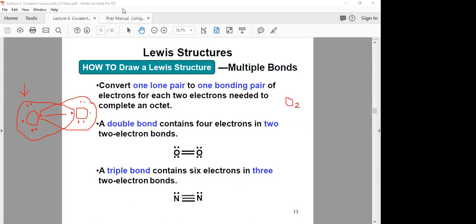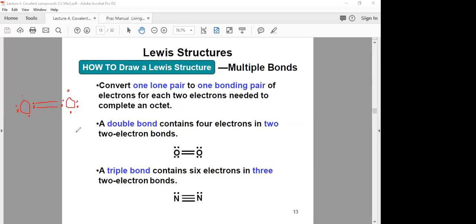So let's try that again. Clear that. Now what happens? 1, 2, 3, 4, 5, 6, and 1, 2, 3, 4, 5, 6. Once again, now what happens if we put 2 covalent bonds in between the oxygens.